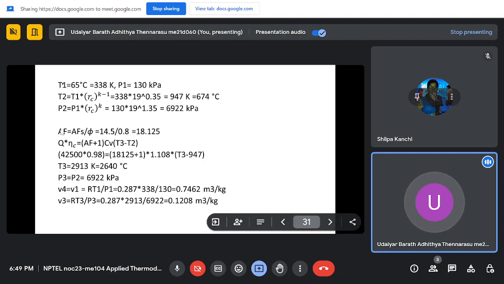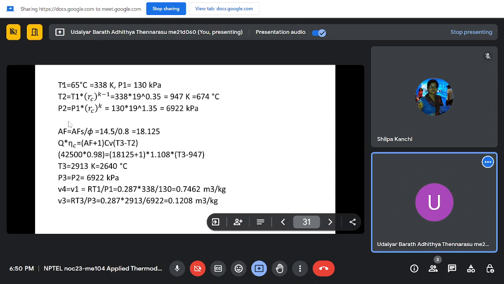So now the actual air fuel ratio is the stoichiometric air fuel ratio, 14.5, divided by 0.8, which is 18.125. So m dot A by m dot F is 18 times, while the stoichiometric value is 14.5, so this is a lean mixture. So we have calculated the actual air fuel ratio.